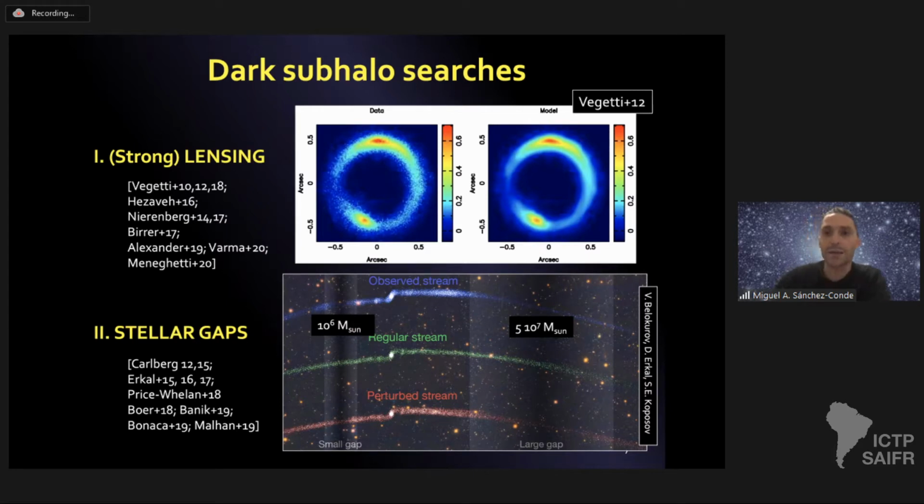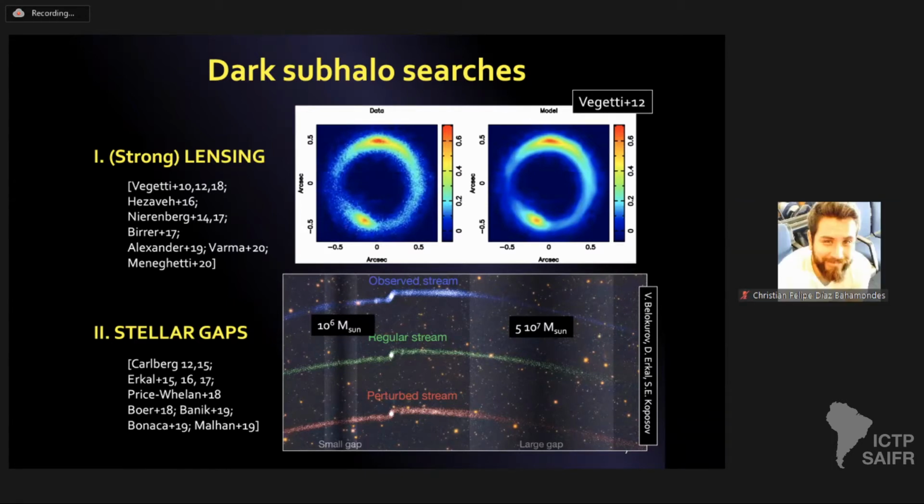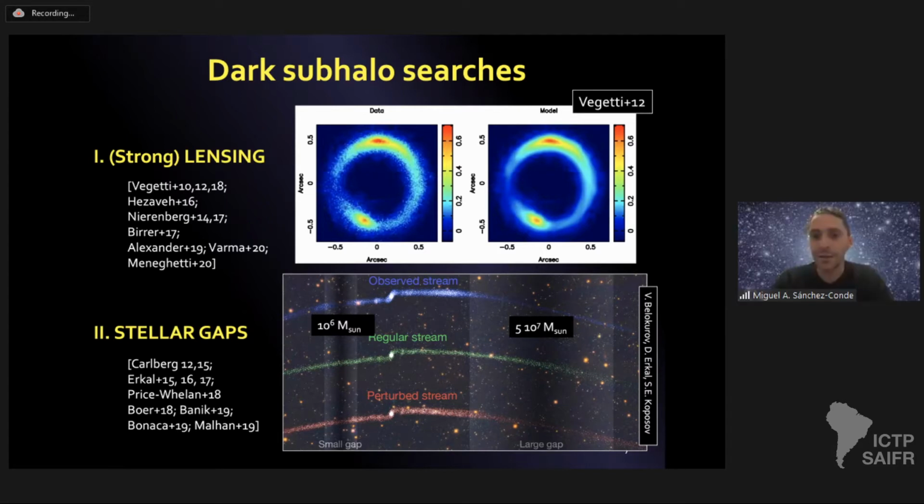The second approach that I would like to highlight is the so-called stellar gaps. In this case, the study is based on stellar streams in the galaxy. The idea is that in lambda CDM, many of these tiny subhalos are very compact, and they will hit these stellar streams, creating gaps between the stars.